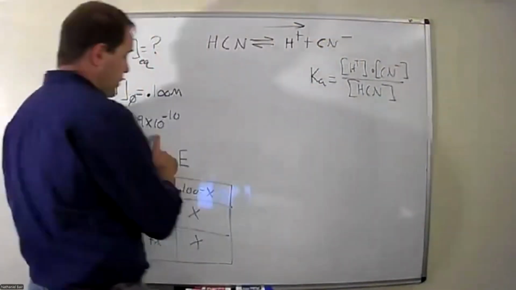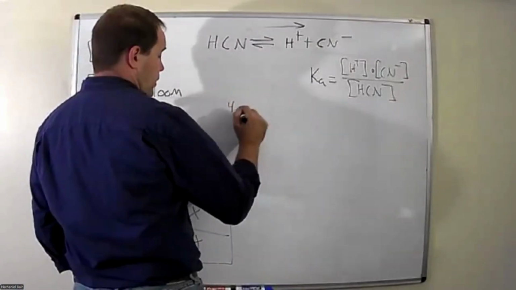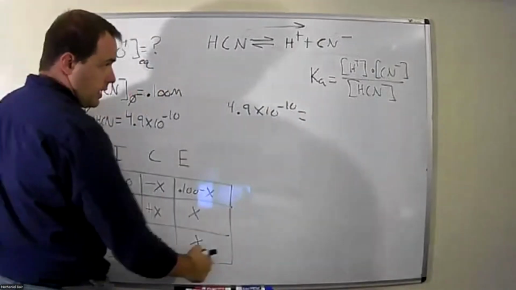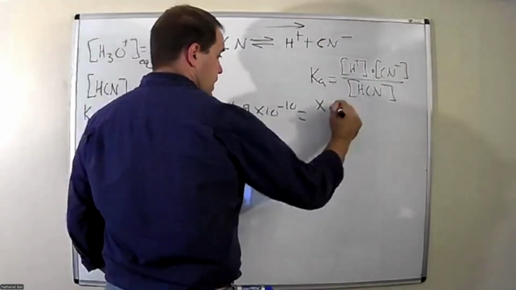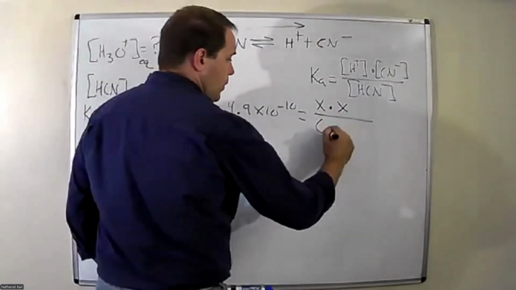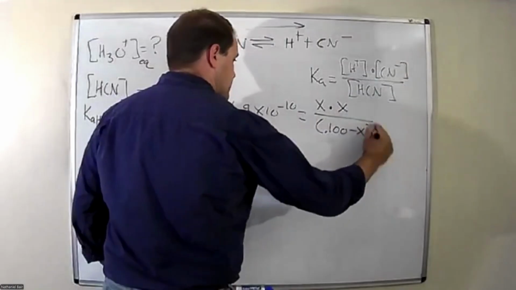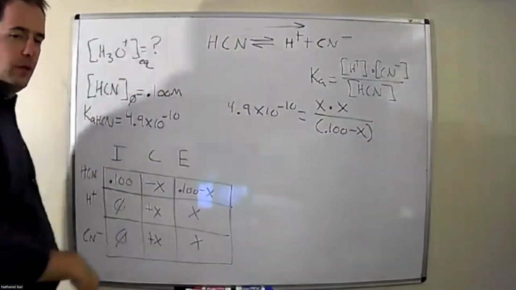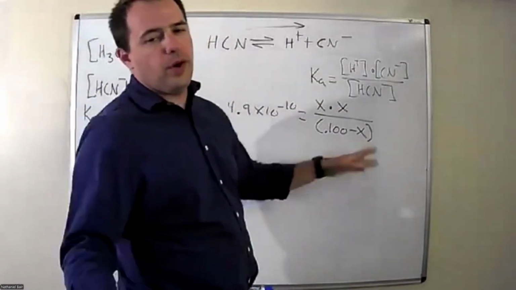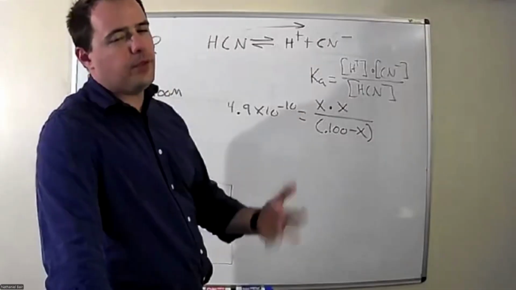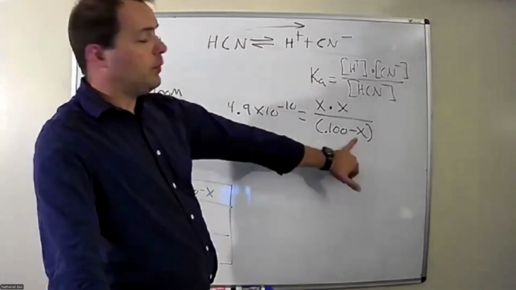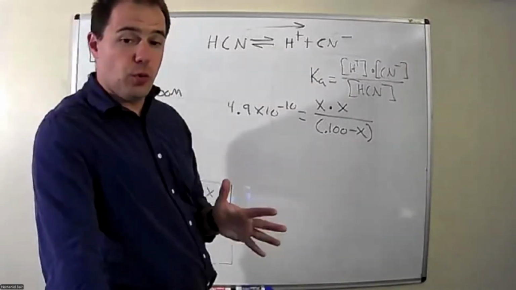We end up with Ka, 4.9 times 10 to the negative 10, equals X times X over the HCN, which is 0.100 minus X. If we can't get rid of this X, we are going to end up having to do the quadratic formula, which would suck. So we want to see if we can get rid of that minus X, then we can avoid the quadratic.